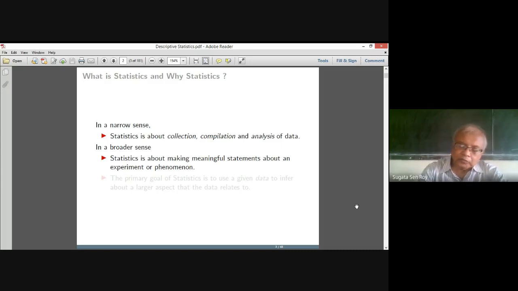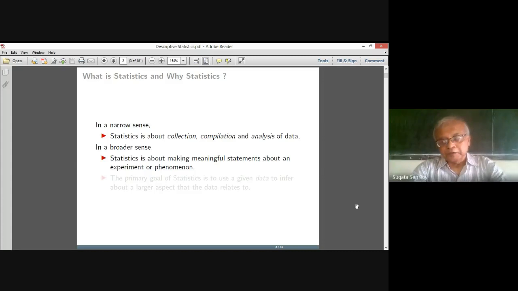So we do an experiment, whatever the experiment is, we collect data from the experiment, and then we want to make certain statements. Very simple examples would be the students in a class, and I want to find out the average height of the students, the salary of all individuals living in Calcutta.